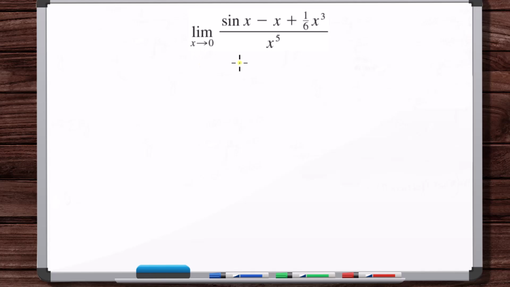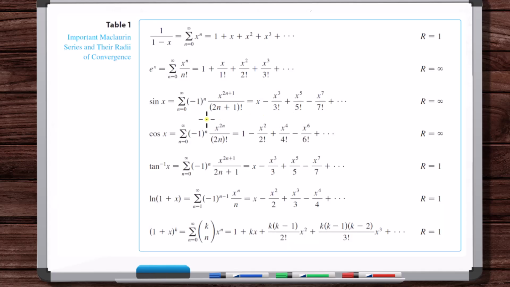Okay, let's represent this as a power series. So sine of x minus, starting at 0, the sum of minus 1 to the n, x to the 2n plus 1 over 2n plus 1 factorial.